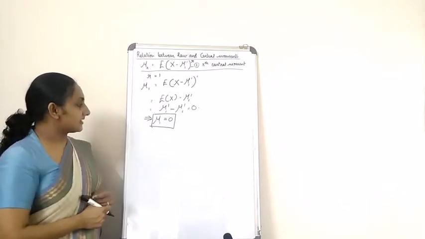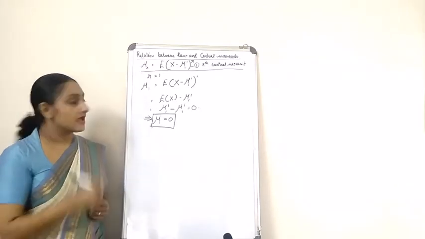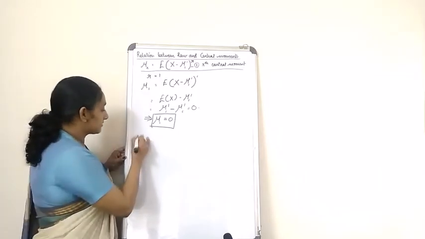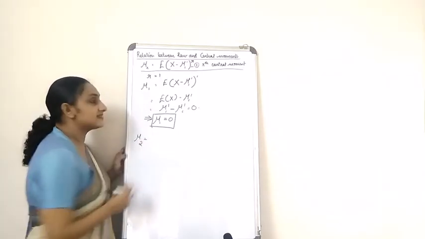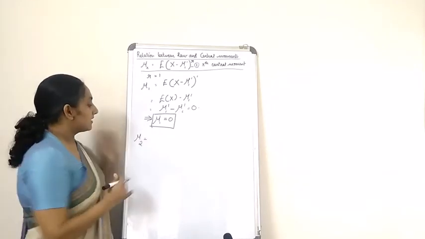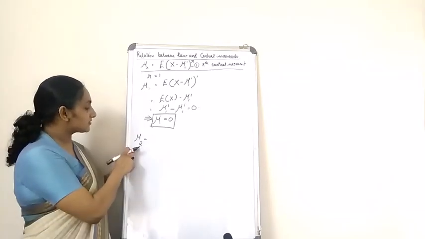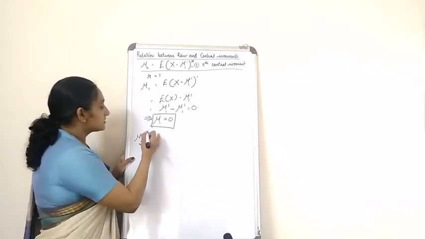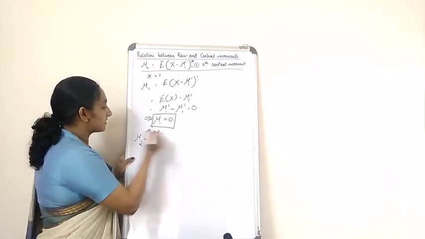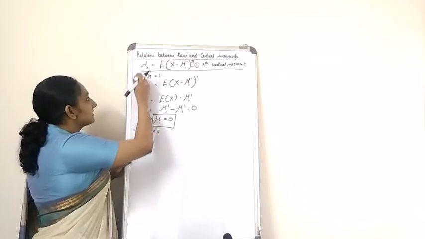Now the second central moment. This was all about the first central moment. Now let's see what the second central moment is all about. When I have to find the second central moment, I put r equal to 2. This is case 2, and that was case 1.